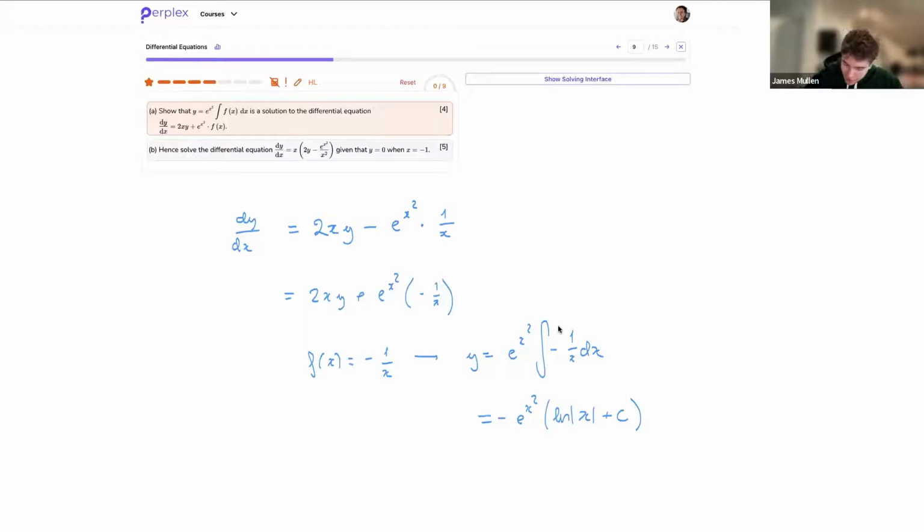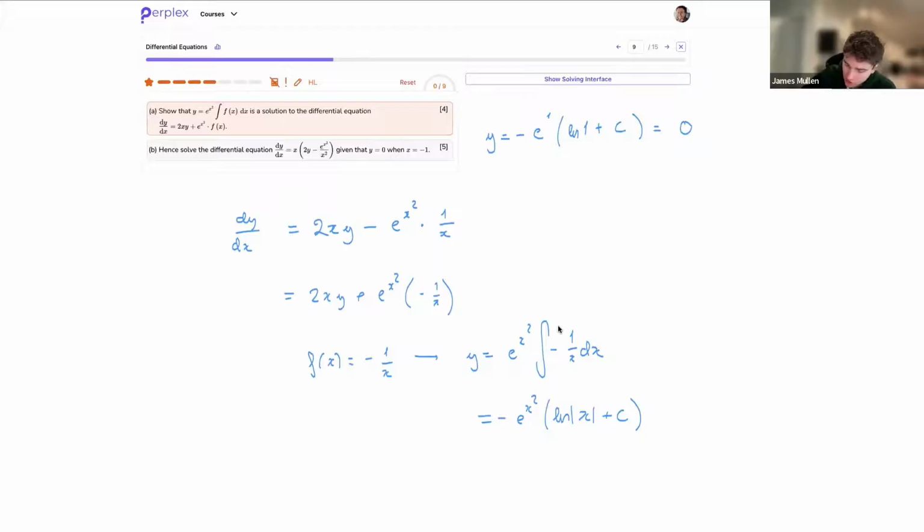So I have y is equal to negative e to the power of 1 times ln of 1. I can just put ln 1 because I already put the absolute value. Ln 1 plus c, and that should be equal to 0.